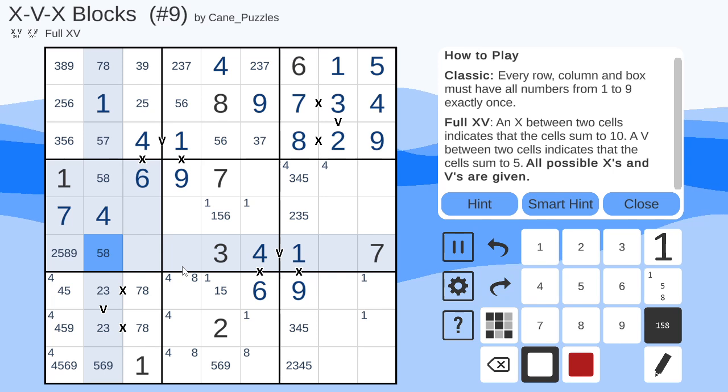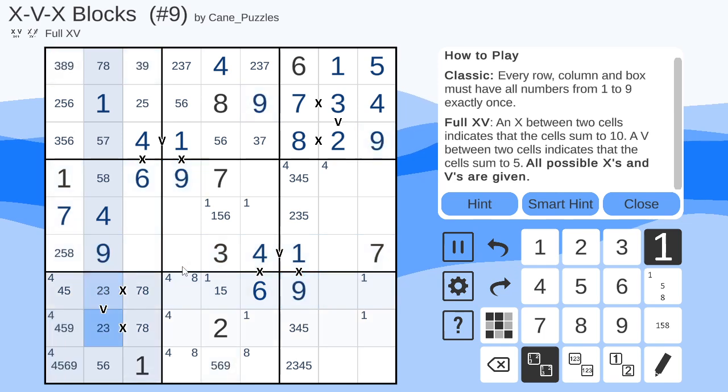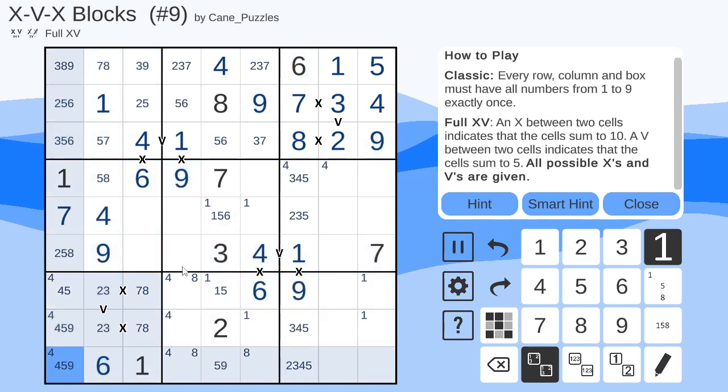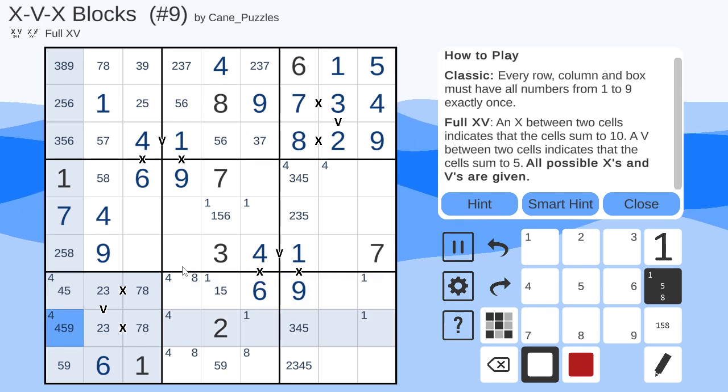This is a 9. This is a 6. This can no longer be a 4. Okay, 4 is up here.